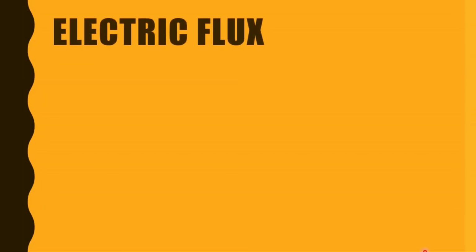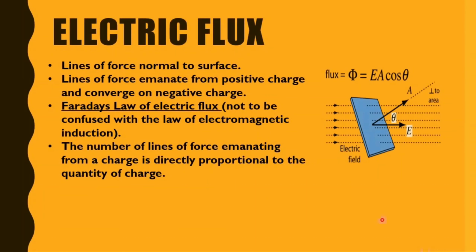Now we will move on to the next topic, that is electric flux. It states that the line of force normal to the surface is a flux. Lines of force emanate from a positive charge and converge on a negative charge. So in the case of a negative charge they converge, whereas in the case of a positive charge they emanate.